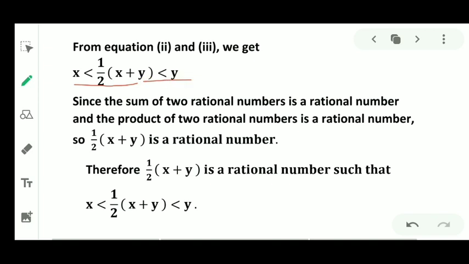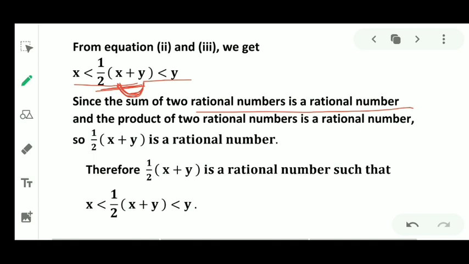Here x and y are already two rational numbers, but you have to prove 1 by 2 into x plus y is also a rational number. As I told you, x and y are two rational numbers, so the sum of two rational numbers is always a rational number. We have already discussed that.